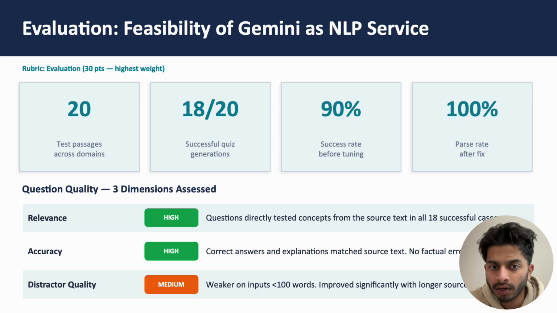And distractor quality was rated medium. For shorter inputs under 100 words, the model sometimes generated options that were too obvious. For longer, richer inputs, the distractor quality improved significantly. The overall verdict: Gemini is a highly feasible NLP backend for this specific task.